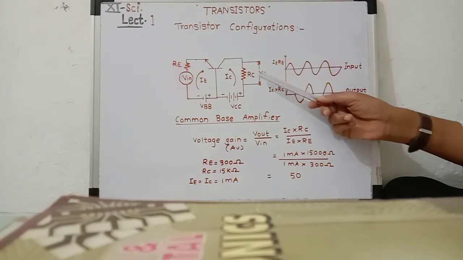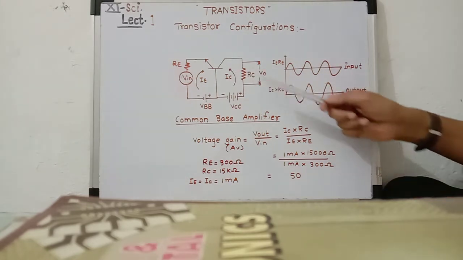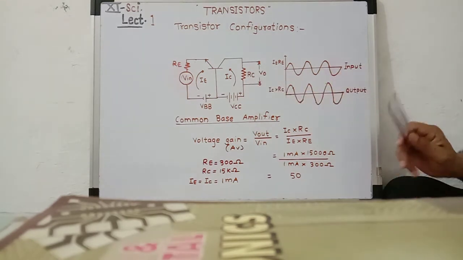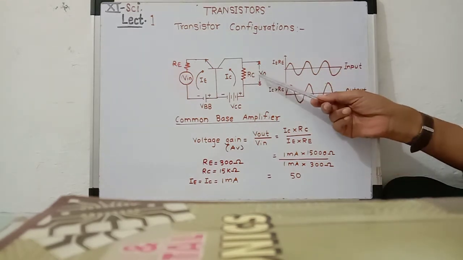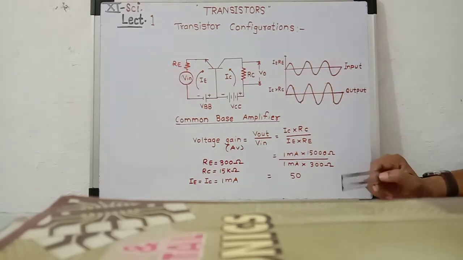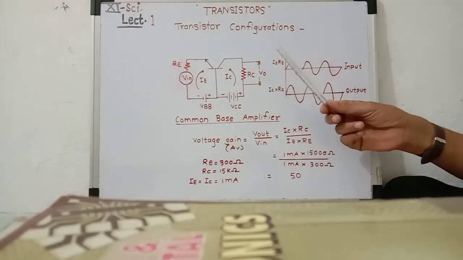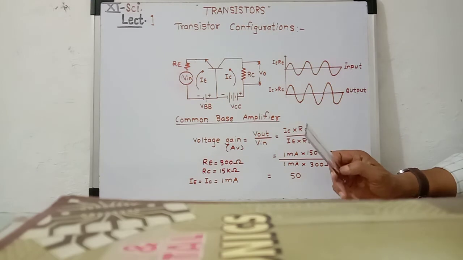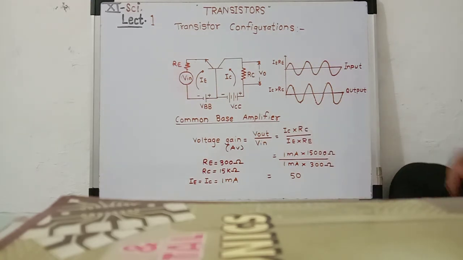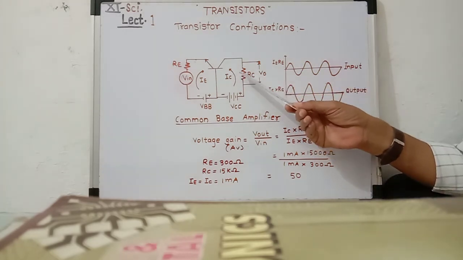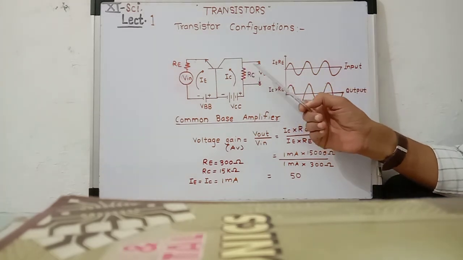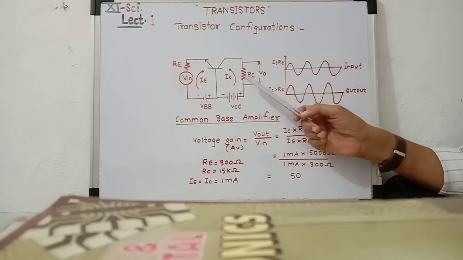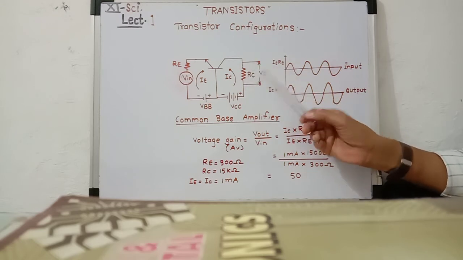VO is the voltage across RC, that is IC into RC, because V is equal to I into R. If we increase RC, the output is large, but when RC decreases, the output is low.